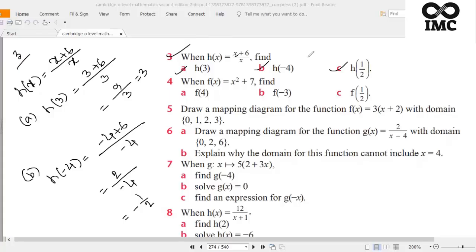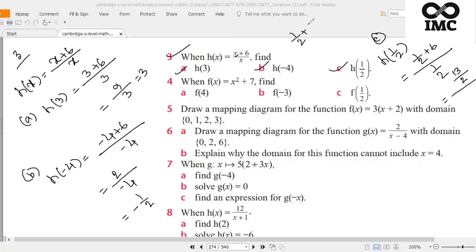Now question number C. Question number C says h of 1 by 2. So here instead of x we'll substitute 1 by 2. So 1 by 2 plus 6 by 1 by 2. Here at numerator we can write 2 sixes are 12 plus 1, 13 by 2.